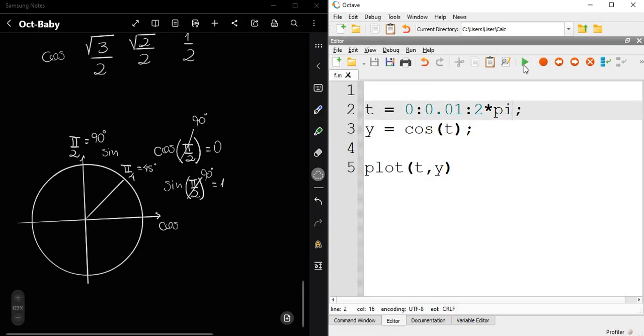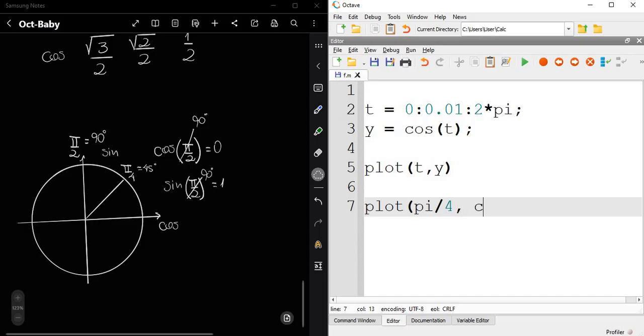And the cosine of pi over 4. Let's try. Now let's ask to plot pi over 4, the cosine of pi over 4.